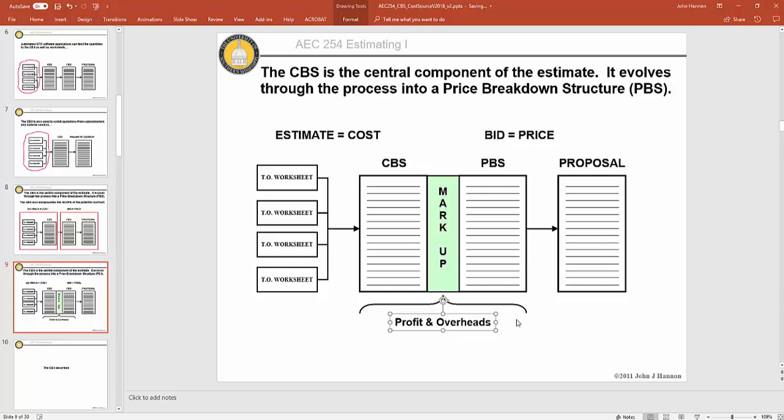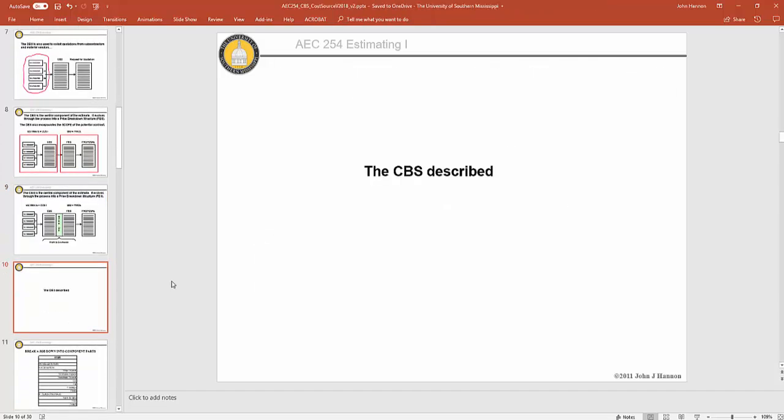We discussed in class today the difference between direct cost and overhead, and I'll give you definitions of those as well. There are two types of overheads. One's called project overhead or job overhead. The other is called business overhead or home office overhead.